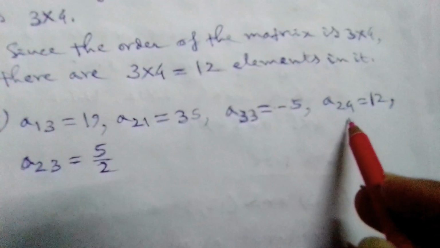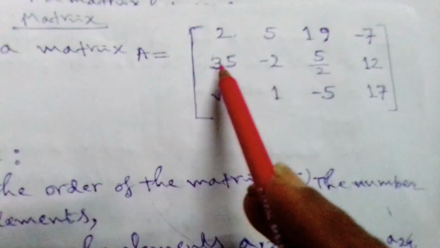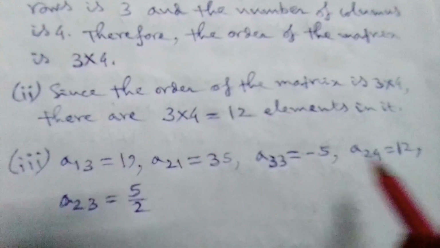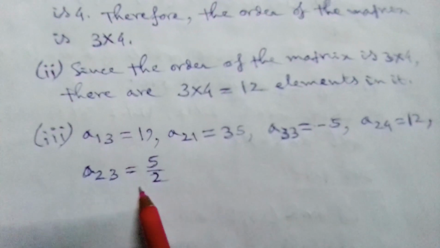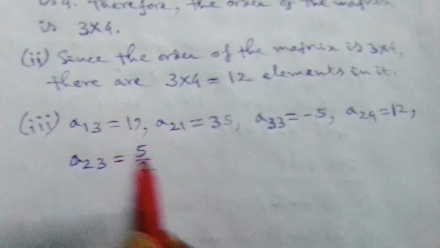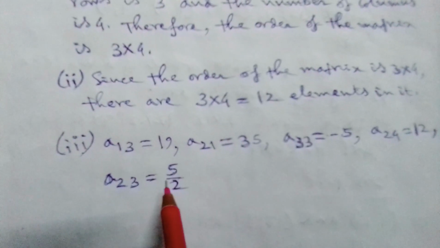So it will be -5. And A24. Second row, fourth column. So it will be 12. A23. Second row, third column. So A23 will be 5 by 2. So this will be our answer.